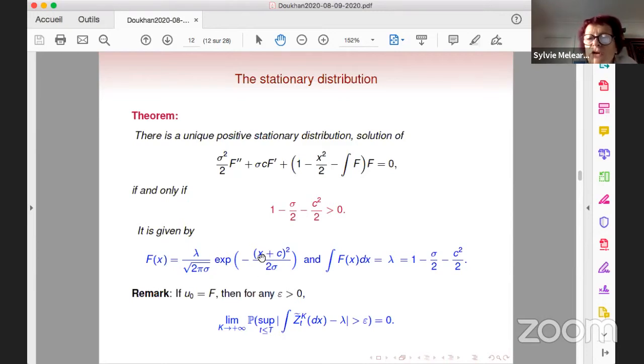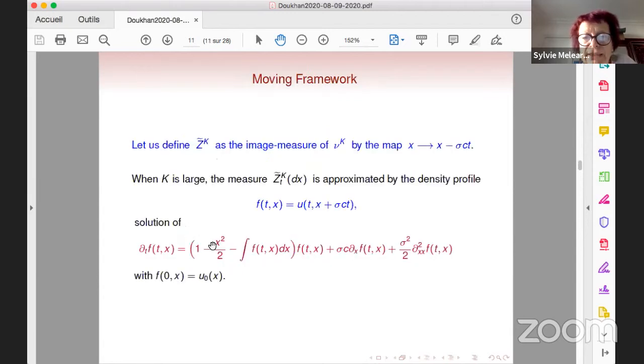Okay, so we can summarize. Remember that Z tilde K is a stochastic process in the moving framework. Normally we have seen earlier that its total mass should be close to the total mass of f of t,x, this quantity.